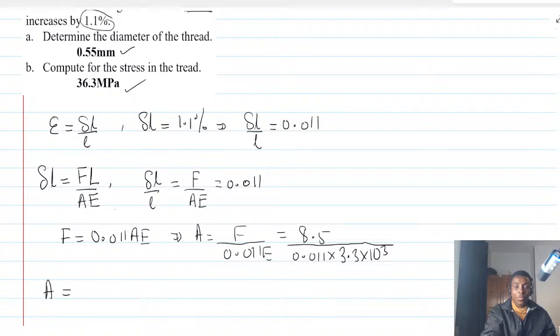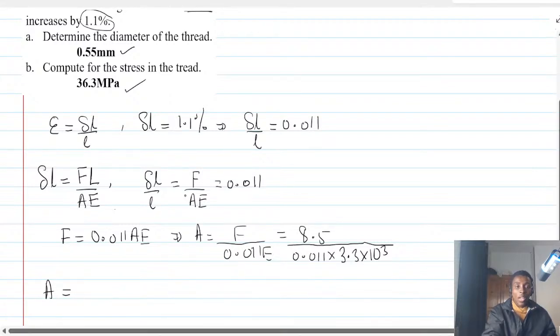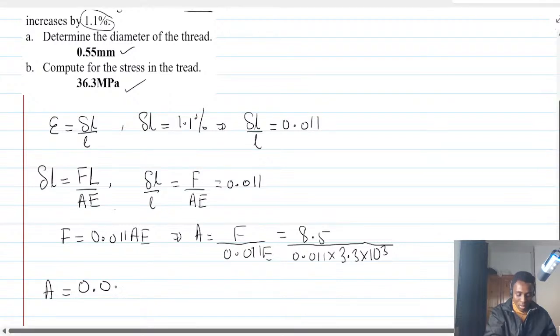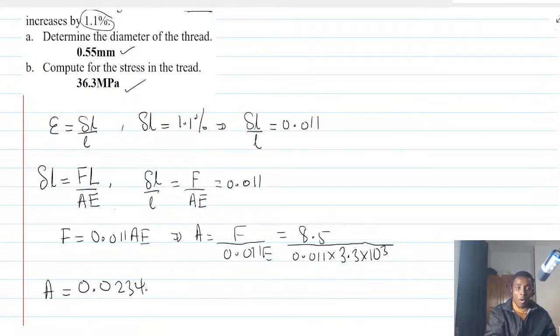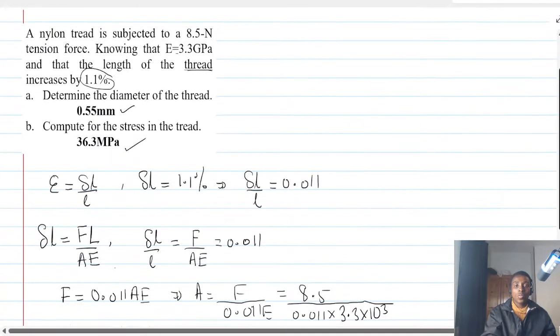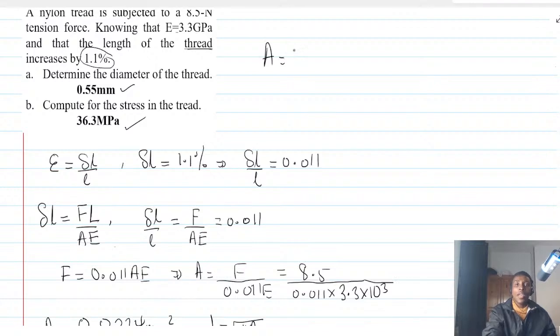All right, thank you. So since we know the area, we can go ahead and find the diameter. So please go ahead and find the diameter. So 0.0234 millimeters squared. Therefore, the diameter will be the square root of 4 times the area over pi, because we know that the area is pi d squared over 4.